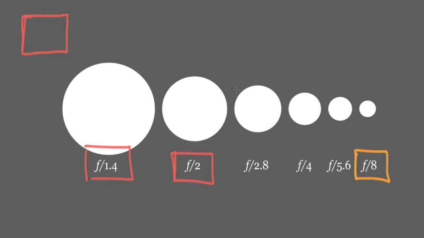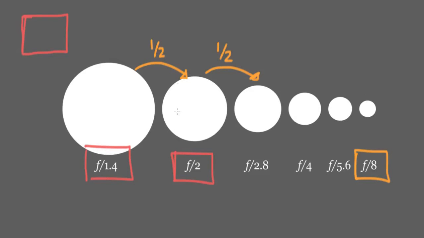Because of the size and the way that light travels through lenses, as you move across this scale, each one of these steps allows half as much light into the camera. So you need twice as much time to expose that, which means longer shutter speeds. That's why this is going to affect our metering lessons and our exposure lessons later on in the course.